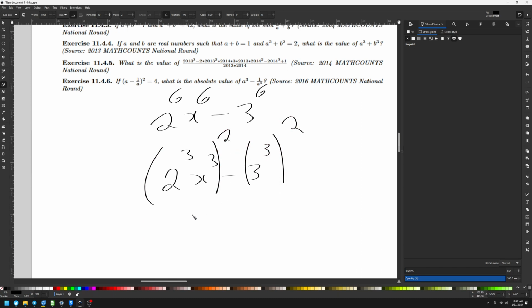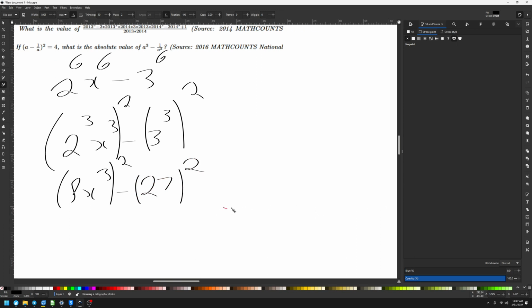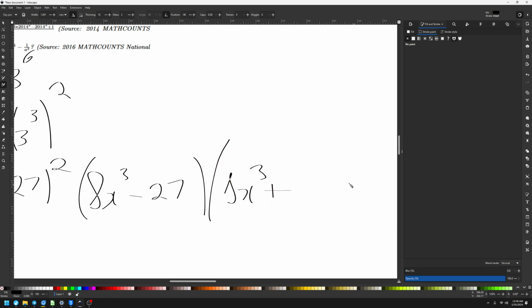And for convenience sake, we can write what these really are. So 8x cubed squared minus 27 squared. Okay, so we're going to have 8x cubed minus 27 times 8x cubed plus 27.